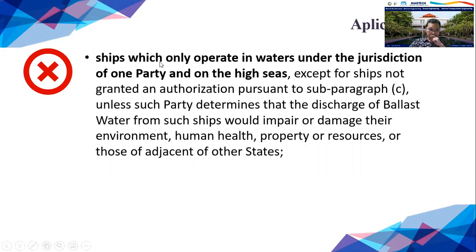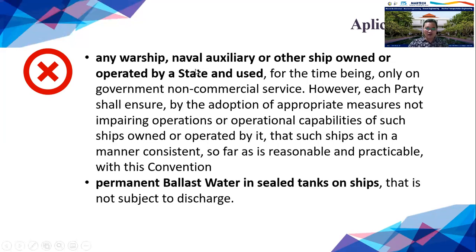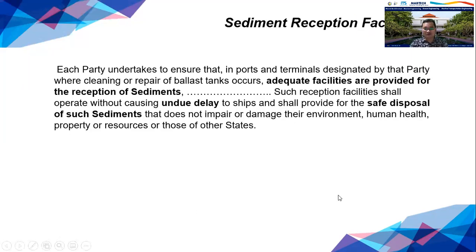Another one, a ship which only operates in waters under the jurisdiction of one party and on the high seas. So on the high seas, it's not necessary to implement the convention. Then any warship, naval auxiliary, or other ship owned or operated by a state. And another one is not necessary for a ship having permanent ballast water in a sealed tank on the ship. Already explained before. Okay.